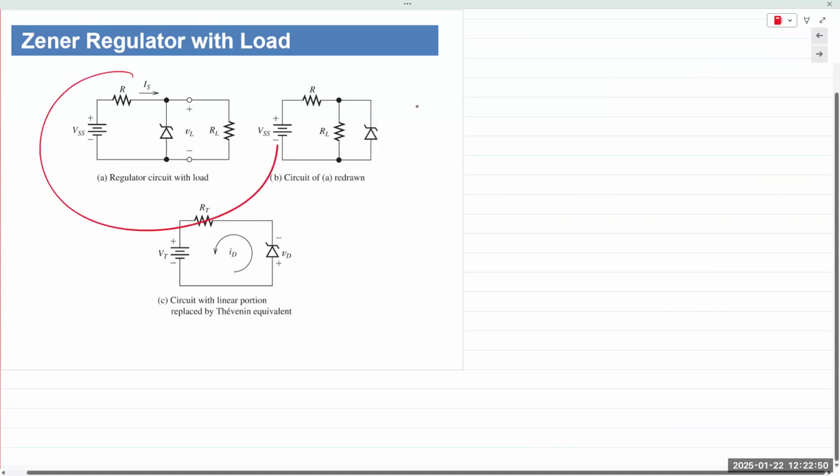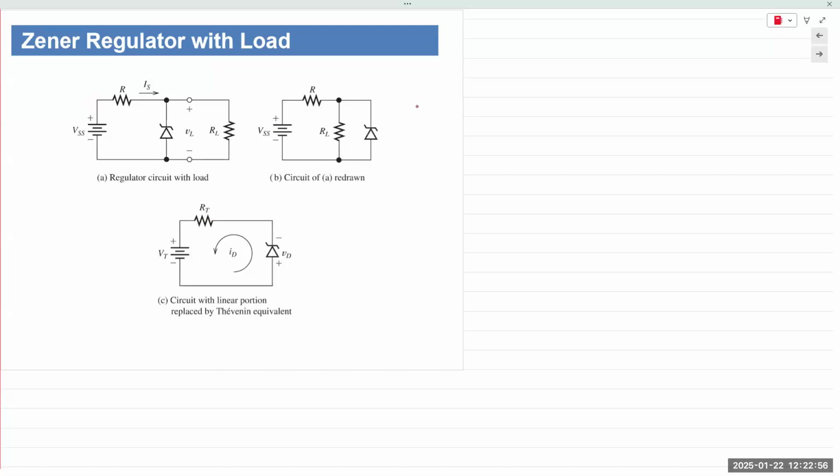So here is our circuit. This is what is given to us: VSS supply voltage, series resistor R, Zener diode VZ, and then load RL. So given values, load RL is given to us as 6 kilo ohms. R, the series resistor, is given as 1.2 kilo ohms.